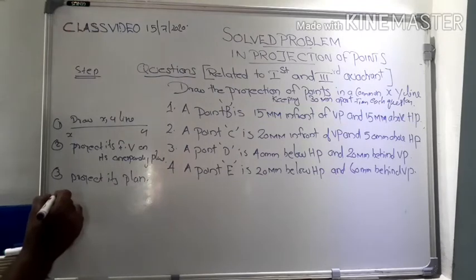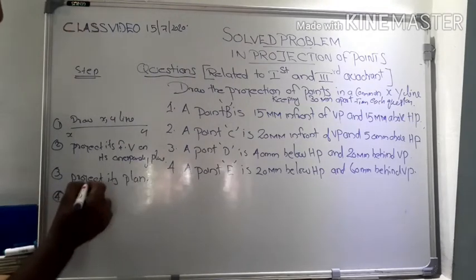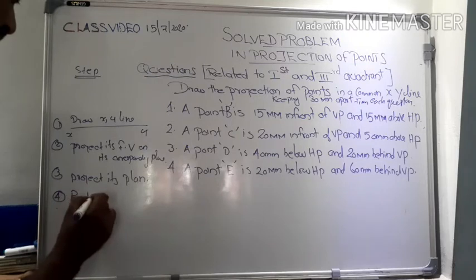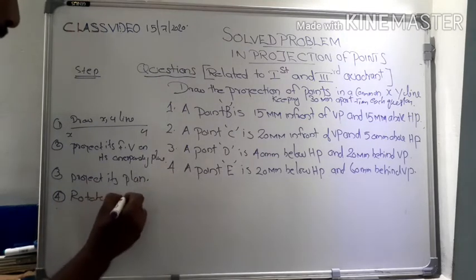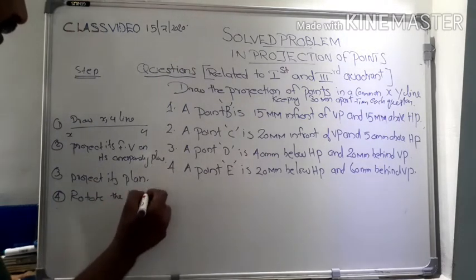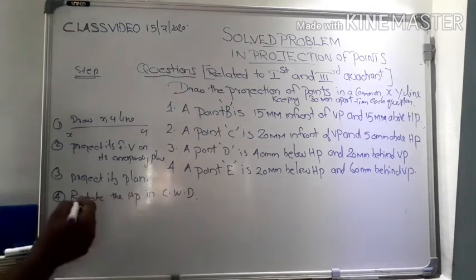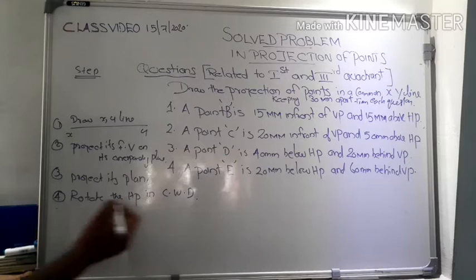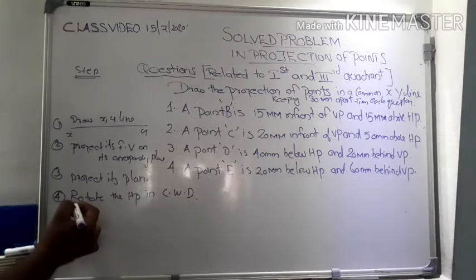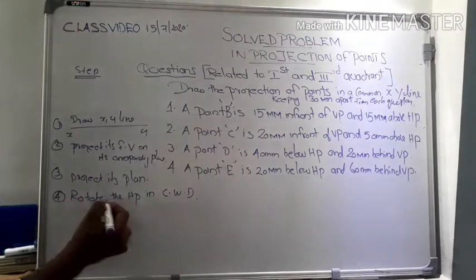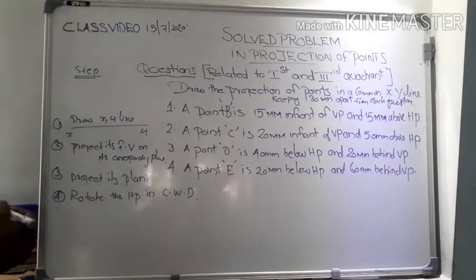Now, the fourth one, rotate the HP in clockwise direction. That means the fourth one is an assumption, that the horizontal plane has a tendency to rotate in clockwise direction.